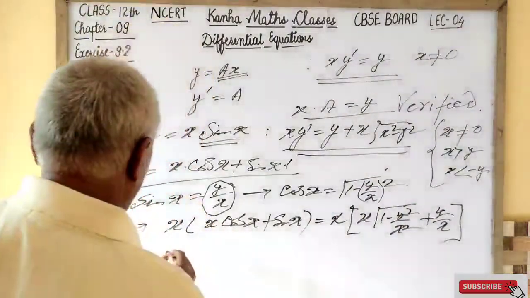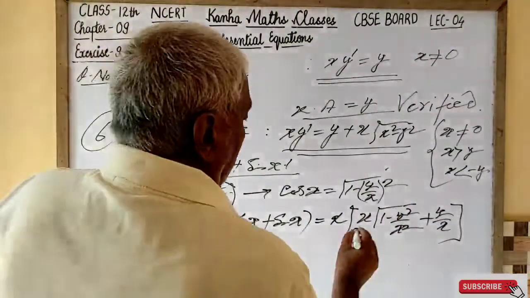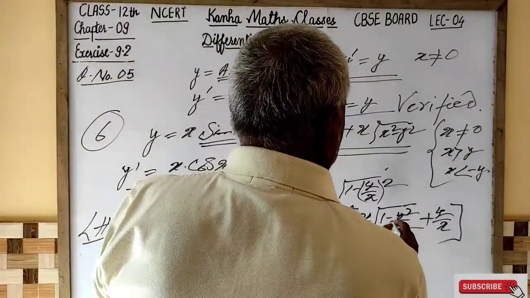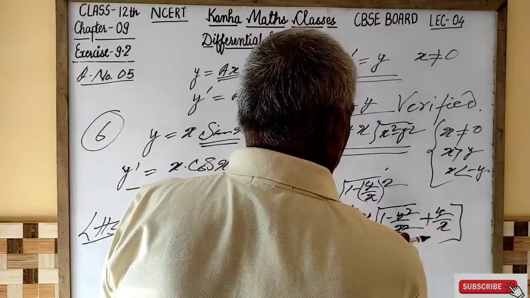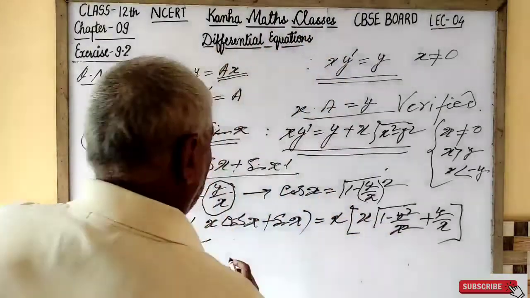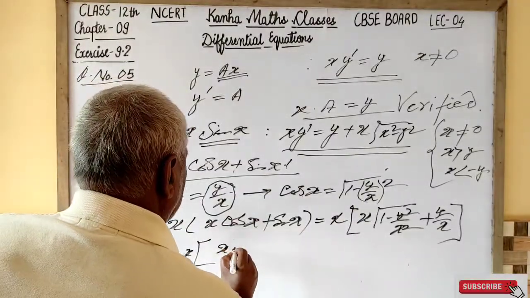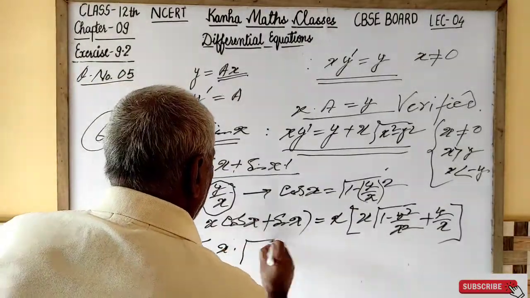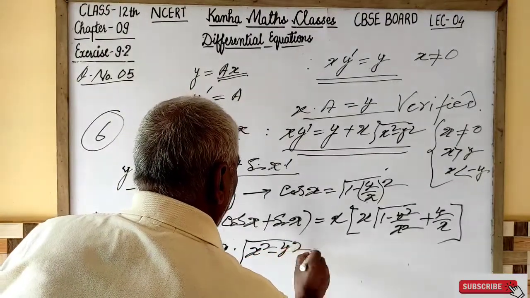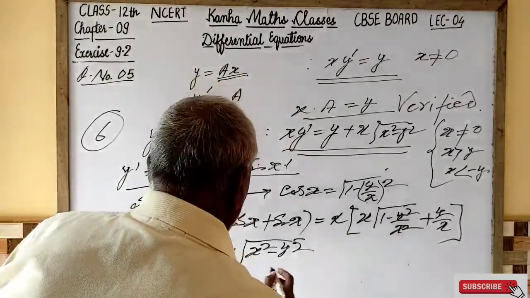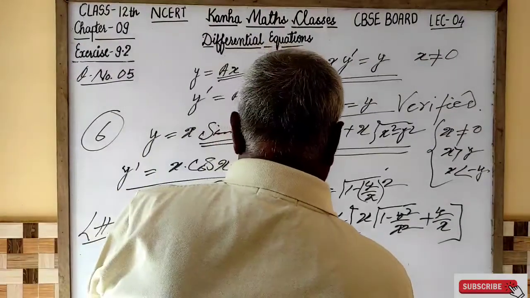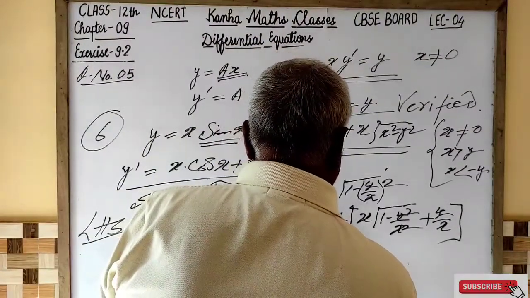Now here x square minus y square upon x square, and out of under root this will become x. X into under root x square minus y square upon x square means only x, and this will be cut by this, plus y by x.